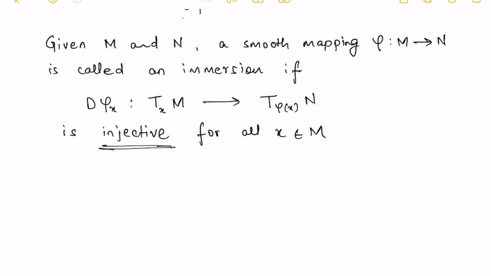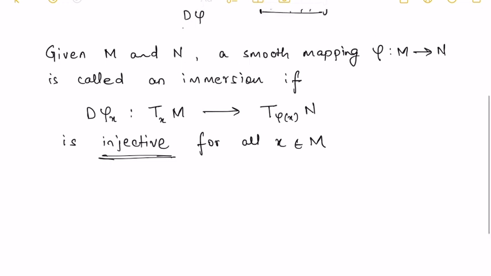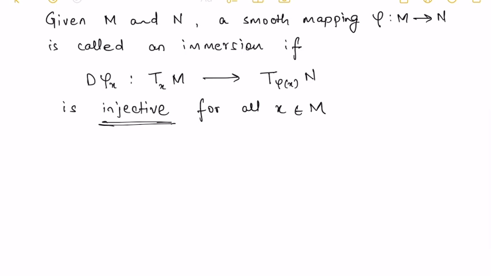So, a very basic example for injective functions is that, let's say you have a set A which has a bunch of points and a set B which is a certain number of points.